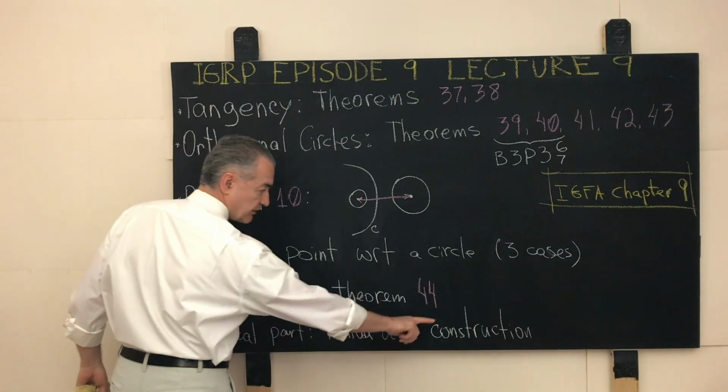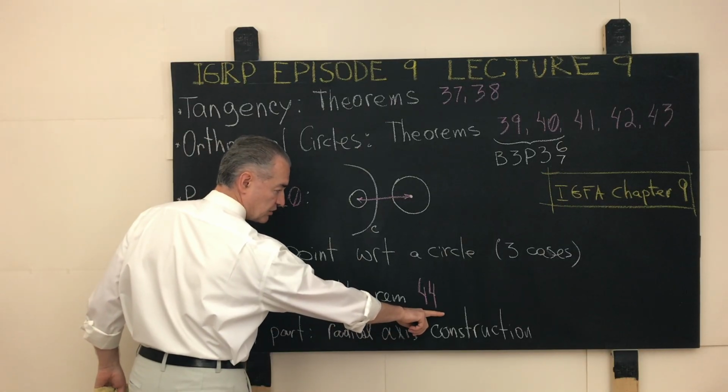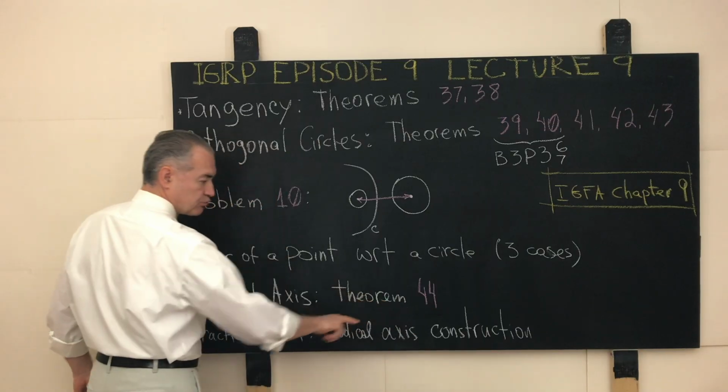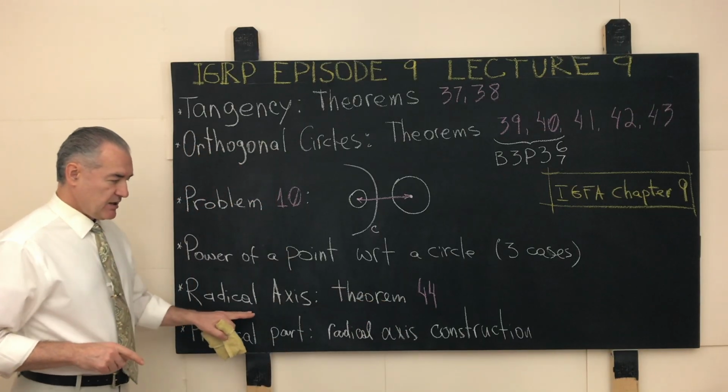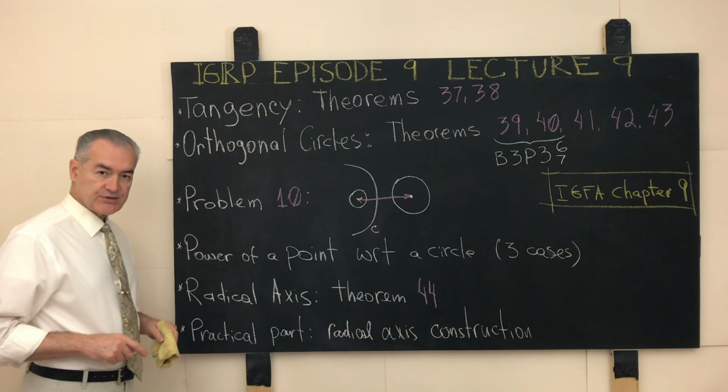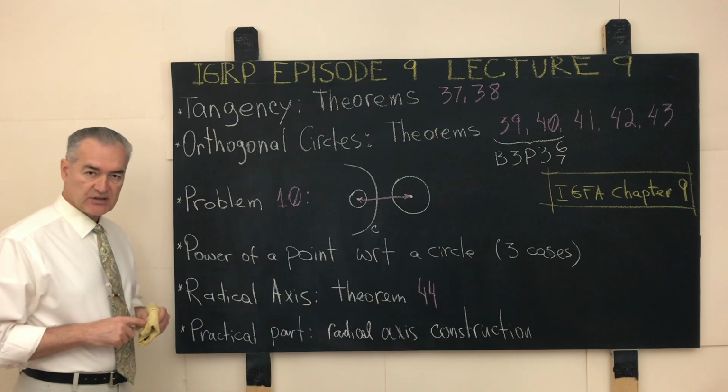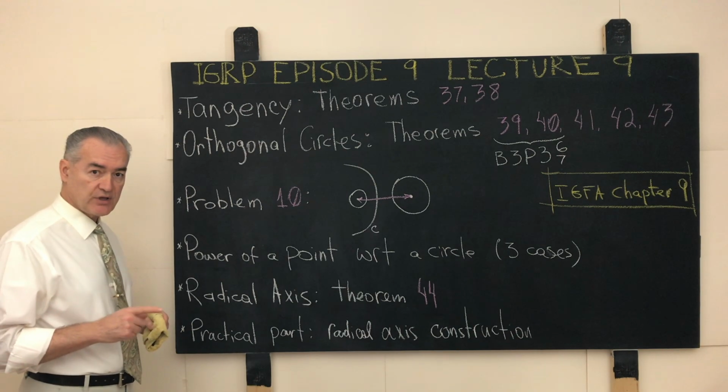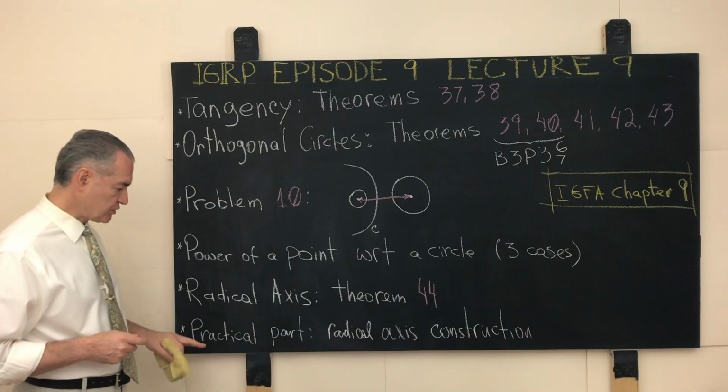And in the final theorem of this course, the theorem number 44, we will prove that the radical axis of two circles is a straight line that is orthogonal to the line of centers of the circles.